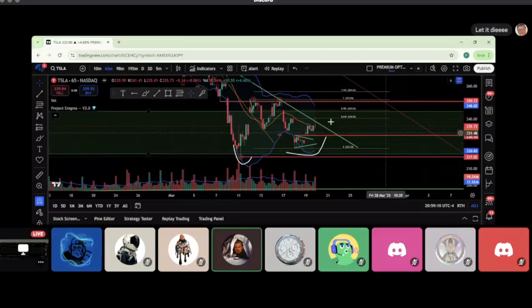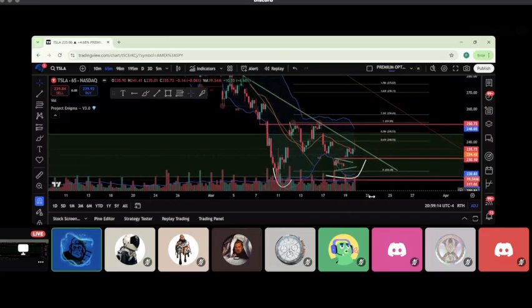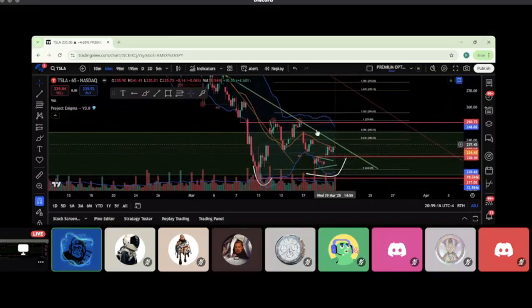We'll see if it opens above or below that 240 mark. It did have this failed rejection, so if it opens above it, lights out, probably going up to the 250s and filling this gap.